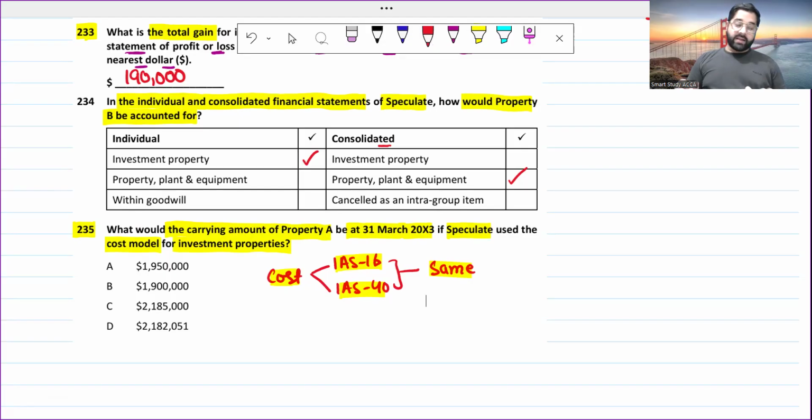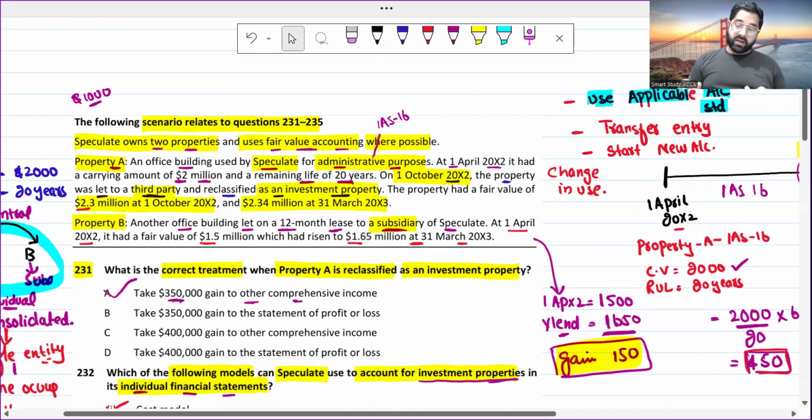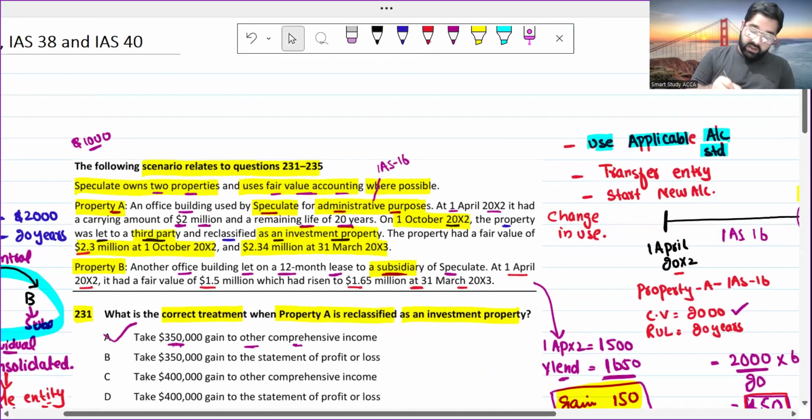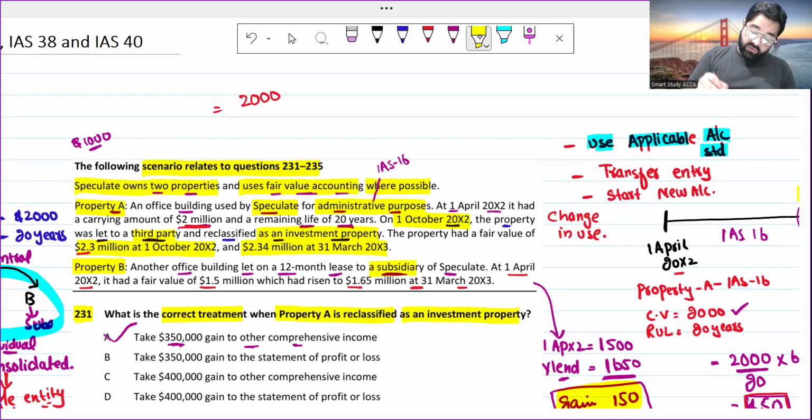So at the start of the year, the carrying amount of the property is 2 million. 2 million in terms of thousands is 2000, right? And the remaining useful life is 20 years. So divide by 20. And what will be the depreciation for the complete year?